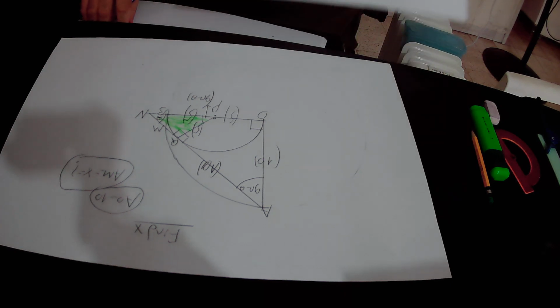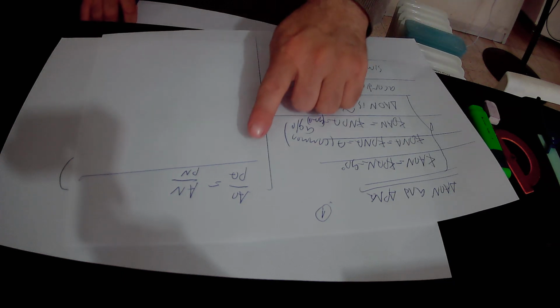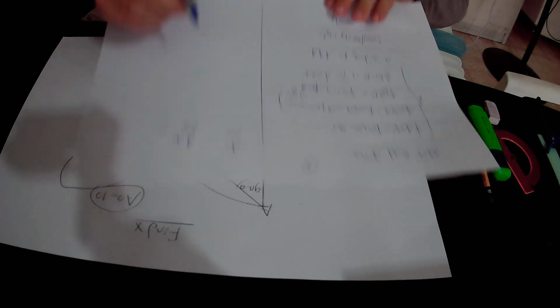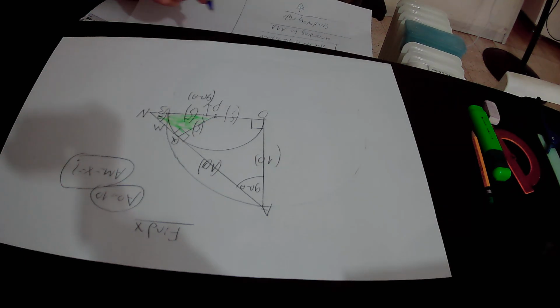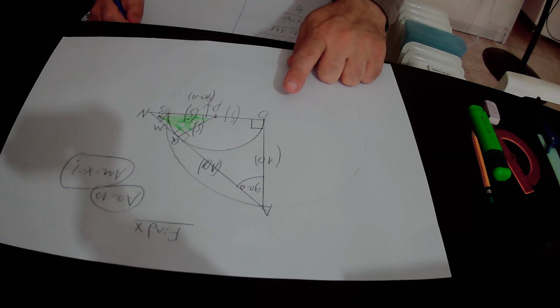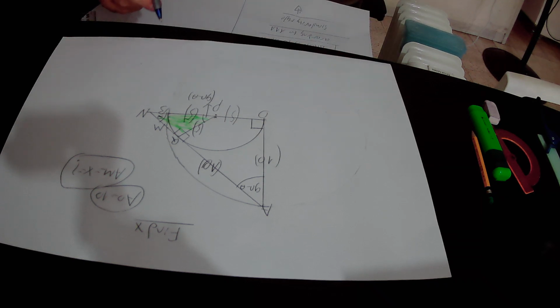Again, we derive that AO over PQ equals AN over PN, and it also equals ON in the big right triangle AON over QN.